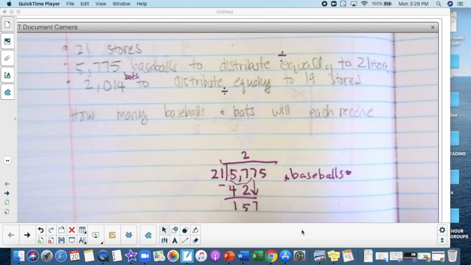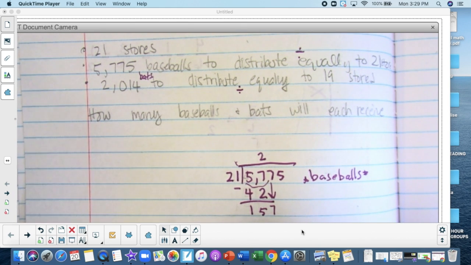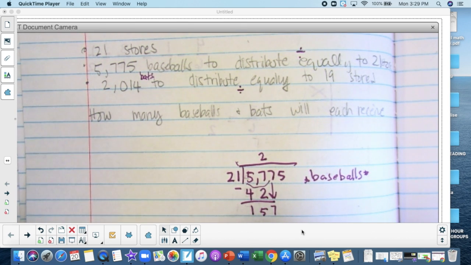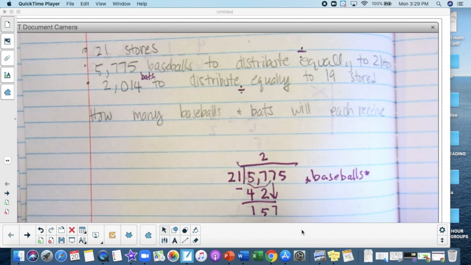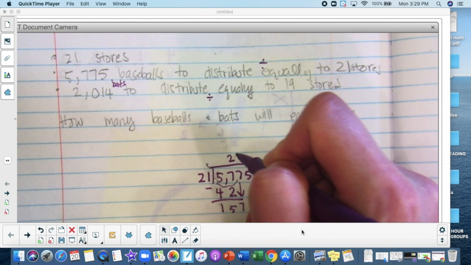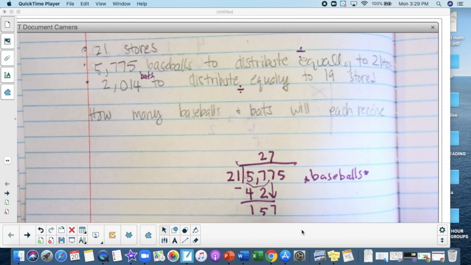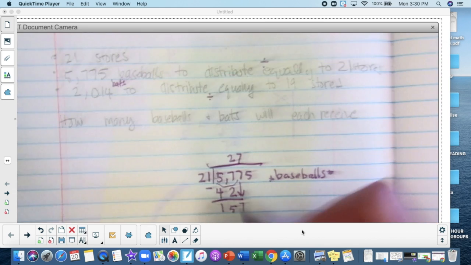I know 21 can go into 157. Let me think here. If it goes in 5 times, that would be about 100. If it goes in 6 times, that's giving me around 100. So I'm going to say 7 times. And 7 times 21 is 147.